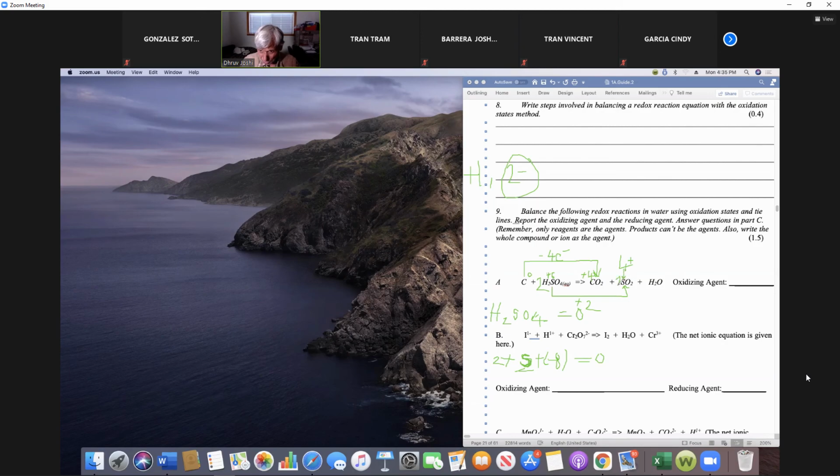Yes. So now we're gonna use the trial and error method to balance this equation. Okay, I have a question. Yes. On the product side, you put 2 in front of H2SO4, which means it will be 8 oxygen.